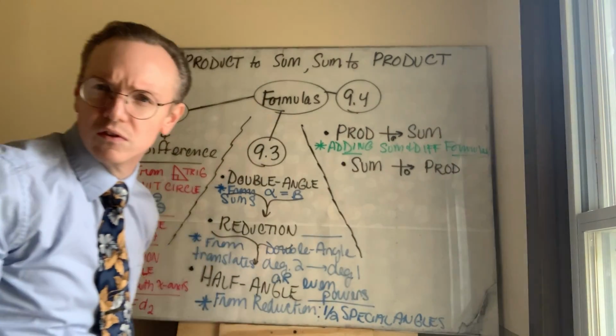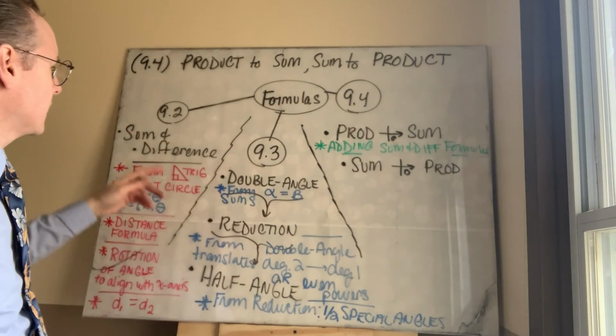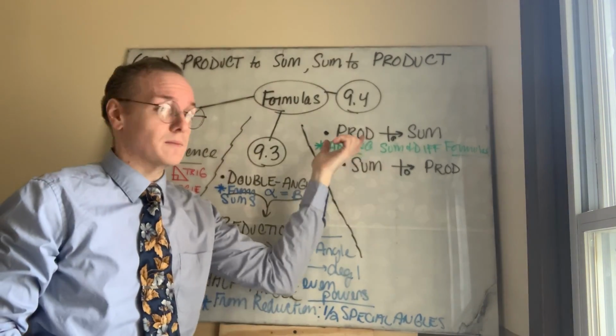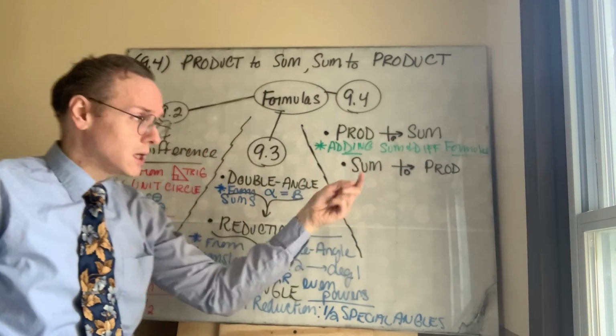That's visible, it's a little bit faint. Anyhow, if you combine the sum and difference formulas for the same trig function like cosine, what you end up with is something that translates a product to a sum.